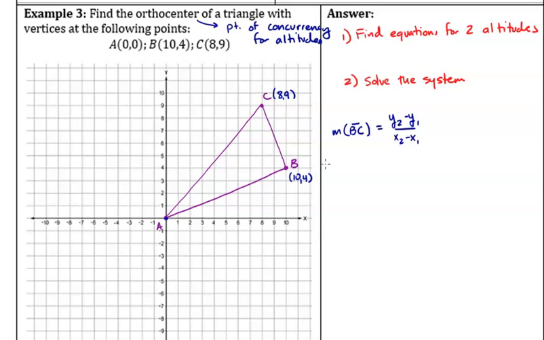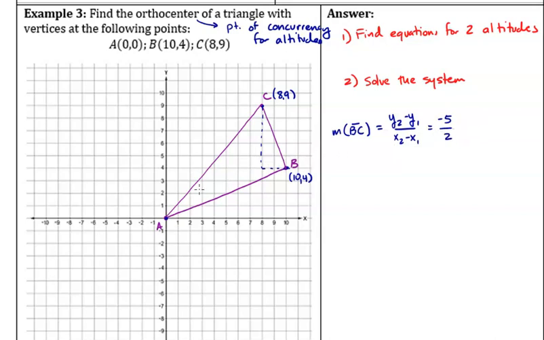Let's just do rise over run, moving from C down to B. To get from C to B, I have to go down 1, 2, 3, 4, 5, so that's a -5. Once I go down those 5, I go over 2, and that's in the positive direction because I'm moving right. So it has a slope of negative 5 over 2.